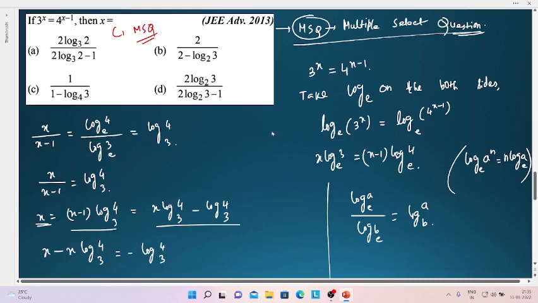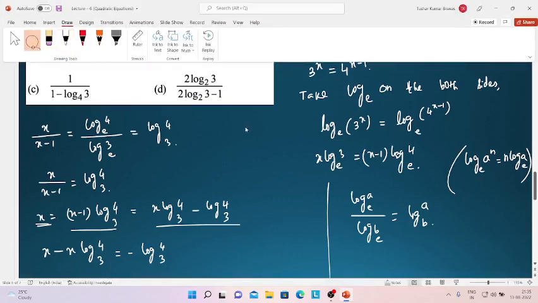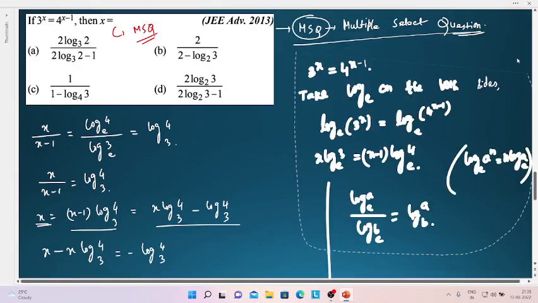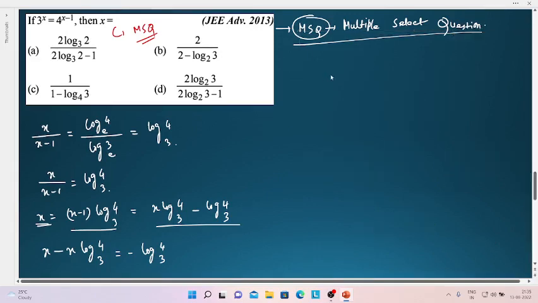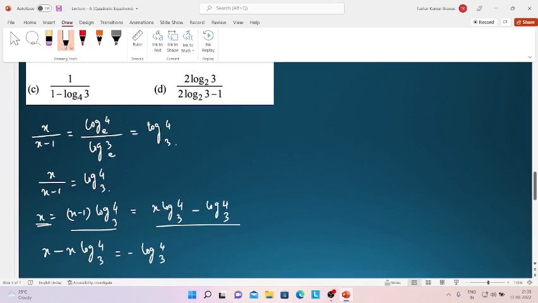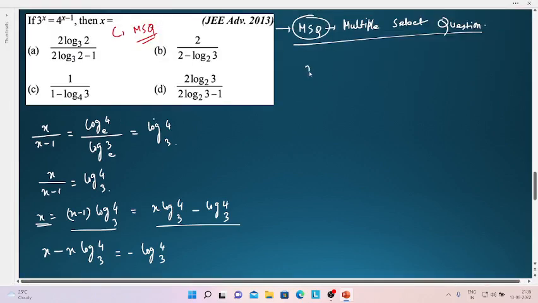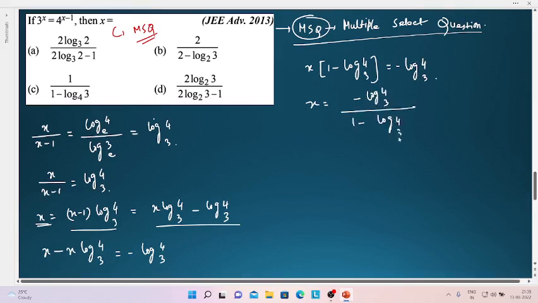So let me erase some part so that we will have more space. If I take common x from the left side, we have 1 minus log 4 base 3, which equals minus log 4 base 3. So what will be the value of x? It will be minus log 4 base 3 upon 1 minus log 4 base 3, right?